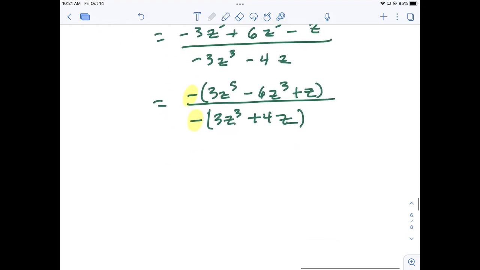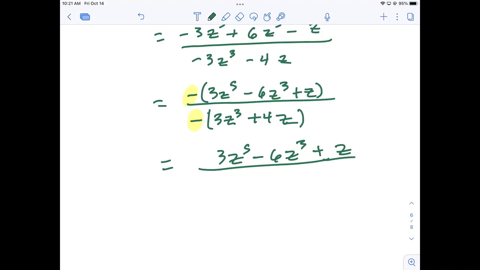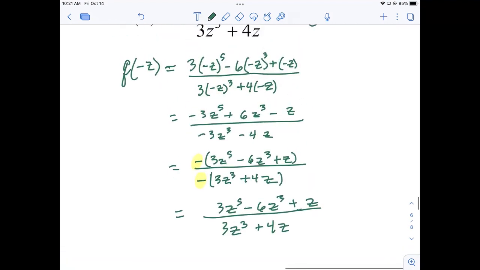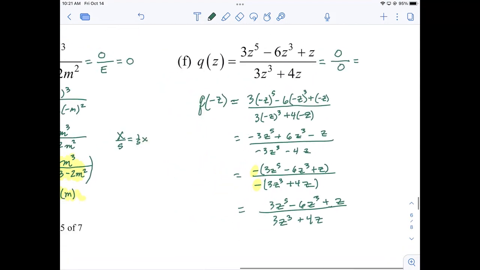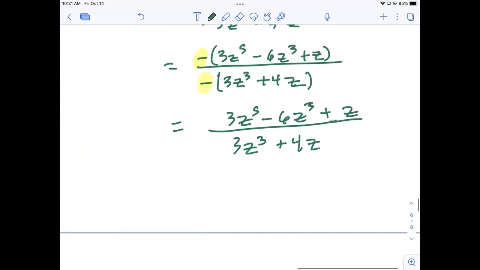And what we're left with is just 3z to the fifth minus 6z cubed plus z all over 3z cubed plus 4z. And now if you compare that to the original, it's the same. So now we say that this equals q of z. So q is even.